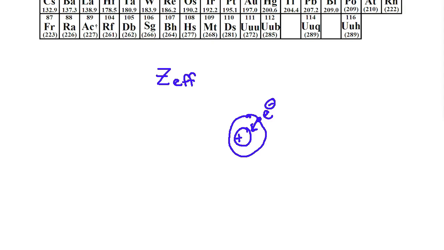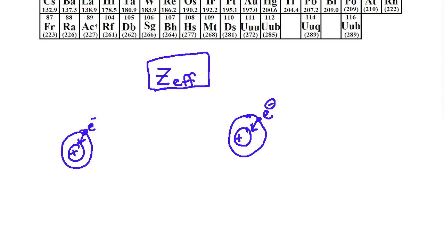And so this attraction, or this ability to bring in the electrons closer to the nucleus, is effective nuclear charge. That's what Z effective is. So if I take a look, I might have an atom that has a relatively low number of protons, and so it does a fairly poor job at pulling in these electrons.